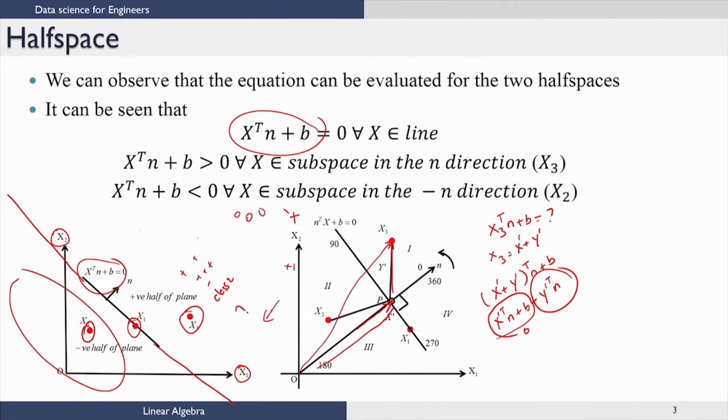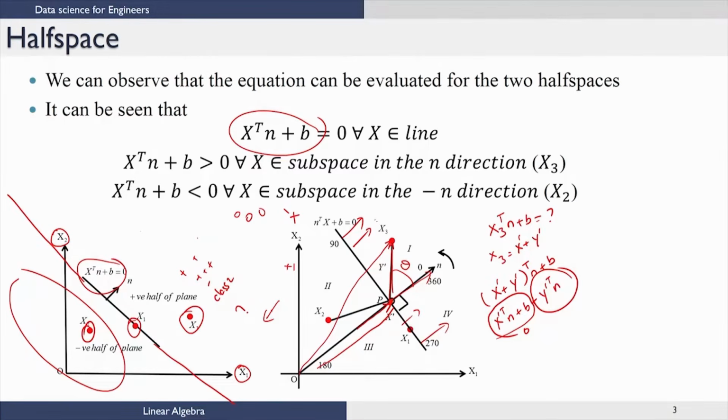And if you notice this term, you would see that this is a dot product between this vector and this vector. And the most important thing to note here is the following: as long as the point lies to this side of the line, then whatever point you take, the angle between that point and the normal would be in the following ranges.